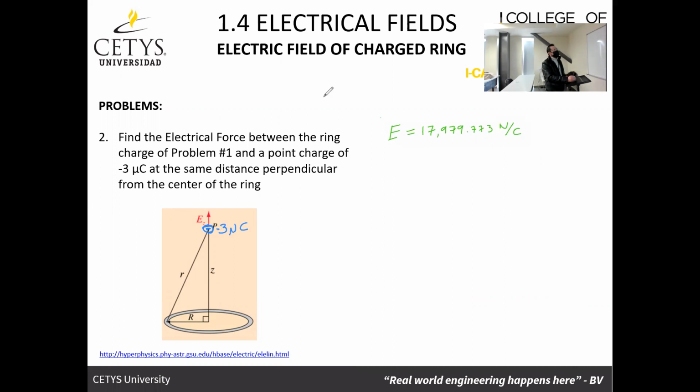And so if we place a charge there, place the charge here, this 3 microcoulomb charge, we know that the electrical field, because the ring charge is positive, is going this way.